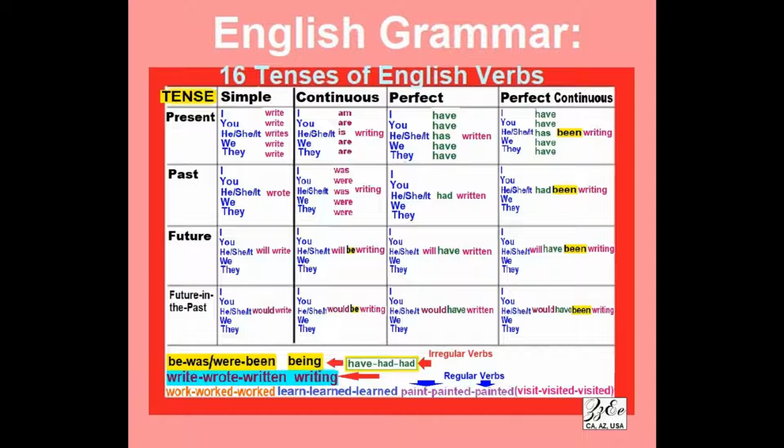I was, you were, he was, she was, it was, we were, they were. For example, I was yesterday at the supermarket, and he was yesterday in school, and they were yesterday in the zoo. Okay, so past tense of the verb to be, only 2 forms, was, were.